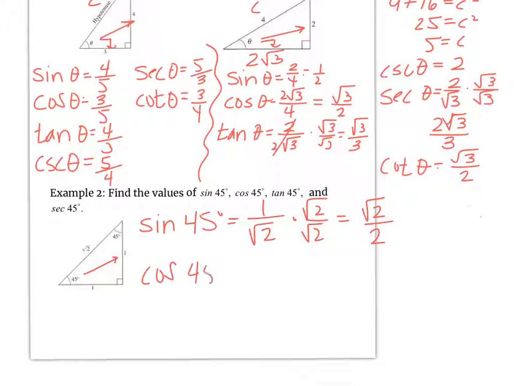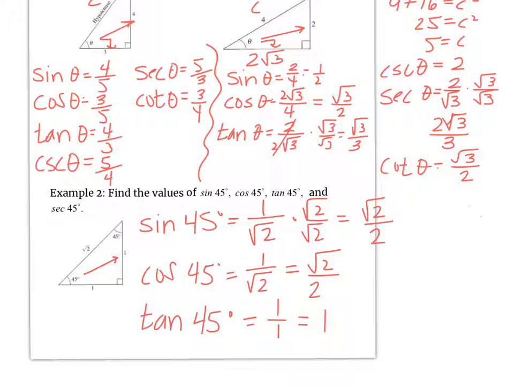Cosine of 45 degrees is going to be the same thing, square root of 2 over 2. The tangent of 45 degrees would be 1 over 1, which is 1. And finally, secant of 45 degrees should be the reciprocal of cosine, which is square root of 2 over 1, or square root of 2.